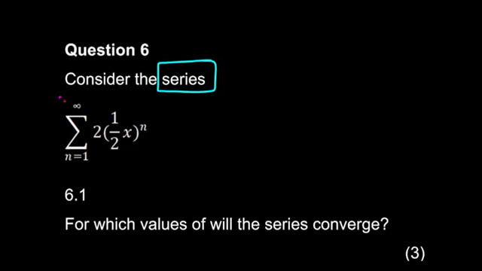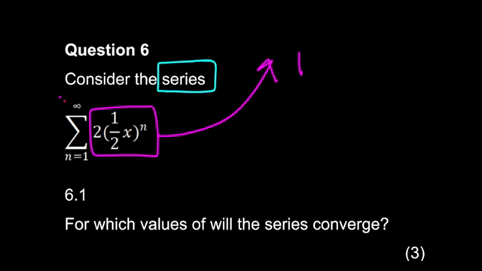So when we're writing it out, remember, just before the break, we said that this is the general term. So if this is a general term, that is Tn. So Tn is 2 times a half x to the n. In other words, T1 would be what? 2 times a half x to the 1. So it would just be x.